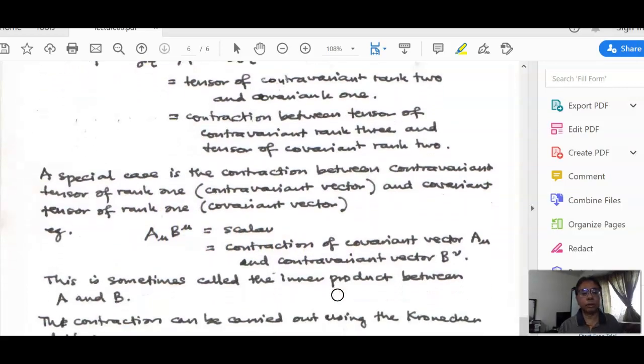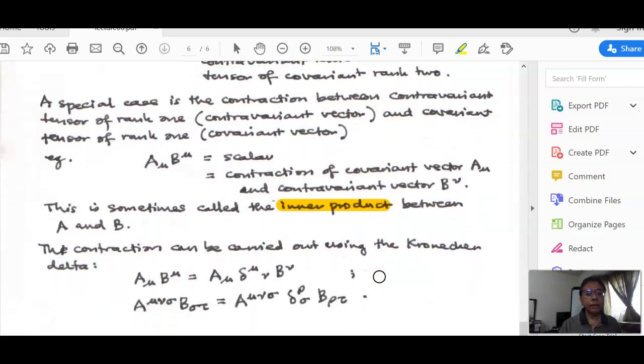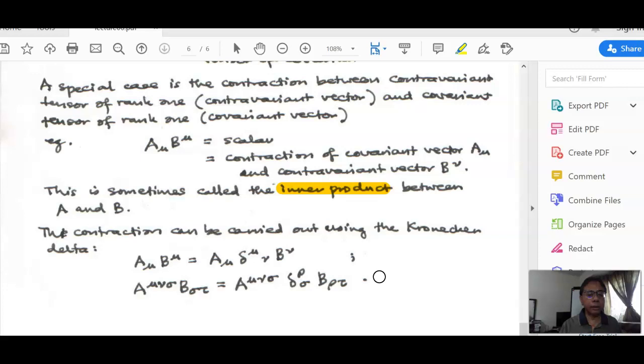And this is sometimes called the inner product between the vectors. The inner product can also be done using a Kronecker delta this way. You multiply A mu, B nu with a Kronecker delta, delta mu nu. Delta mu nu is non-zero when mu equals nu, so in other words, it gives you back this particular case. And similarly for the other kinds of products.